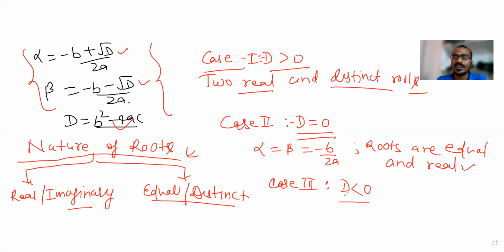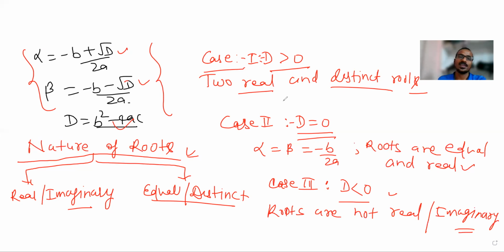And the third case, if D is less than 0, then the value under the root is negative, hence under root D is imaginary. So in this case, roots are not real, which means roots are imaginary.